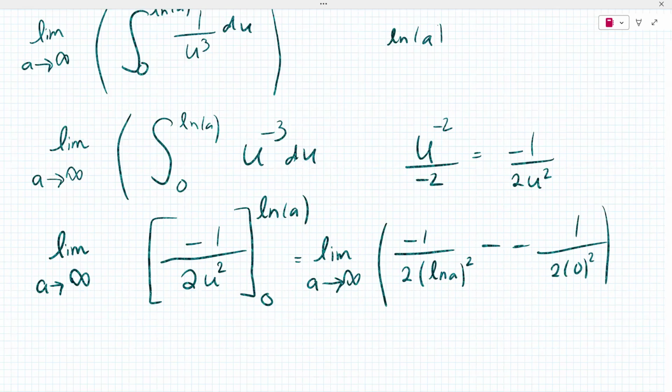So over here we kind of have a problem. What's 1 over 2 times 0 squared? That's undefined. That makes the whole thing undefined, so it's divergent. So it is definitely divergent.